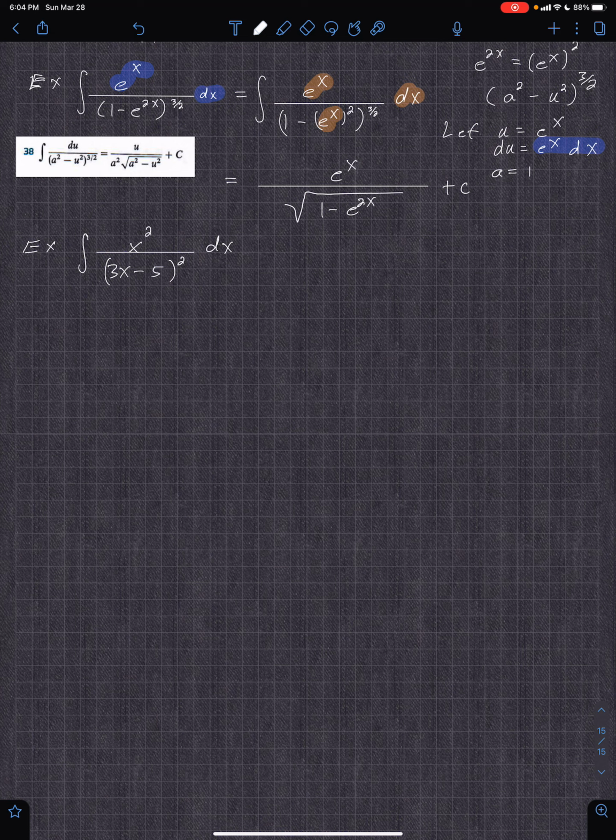This one is a little different. Well, this one, I'm just going to kind of show you what you do after some thought, I suppose. So you'd be looking at your tables and you'd be like, well, if I rearrange this to negative 5 plus 3x squared, it might work a little better.